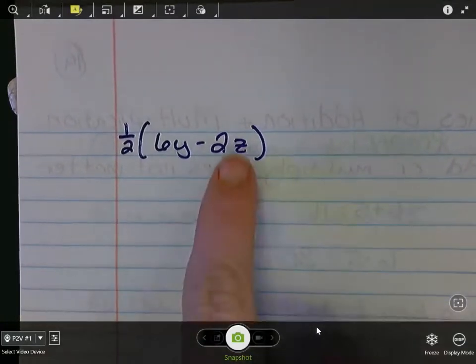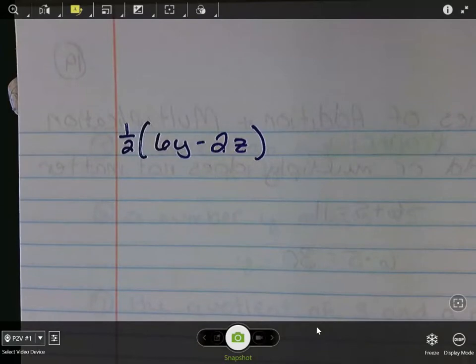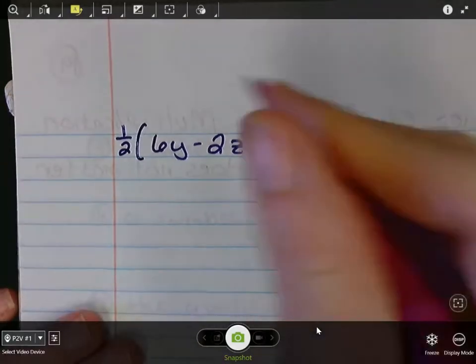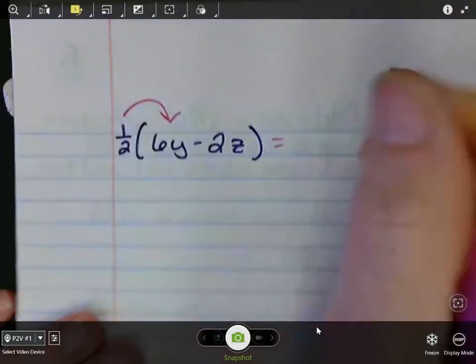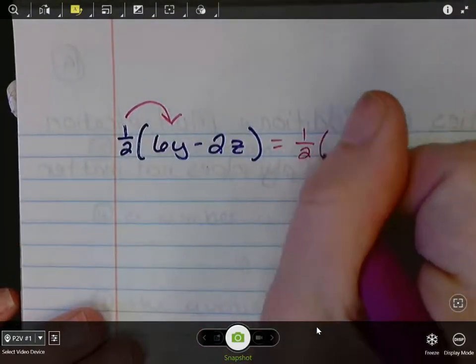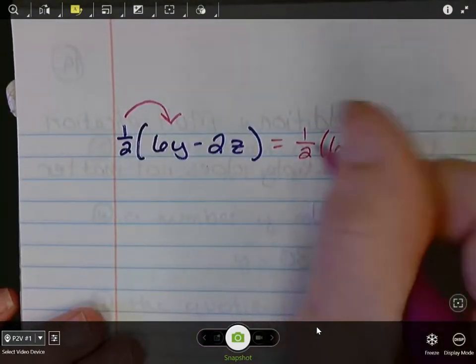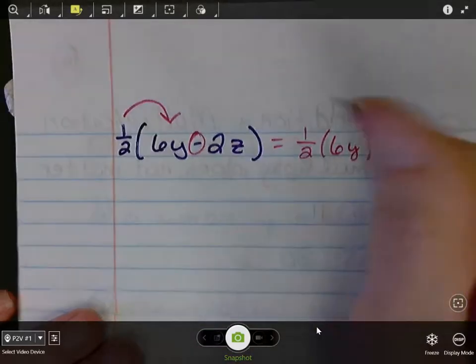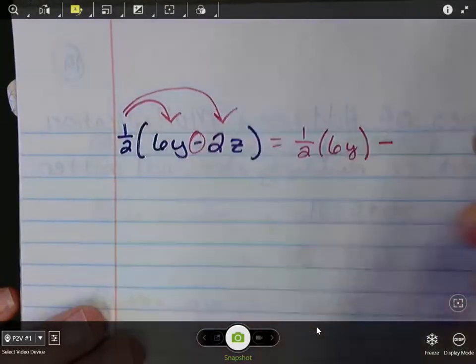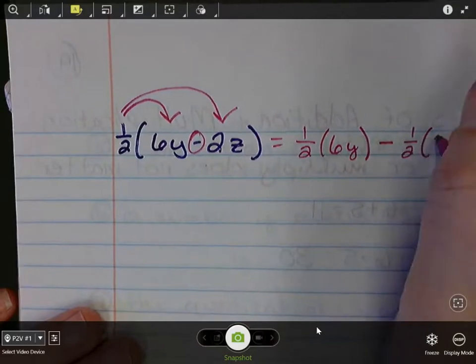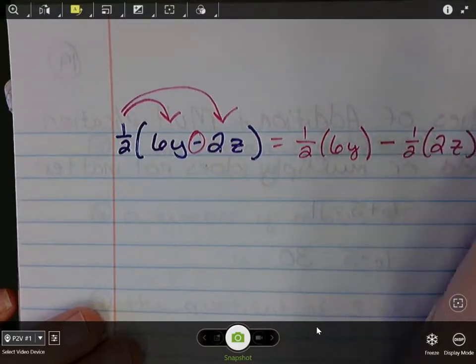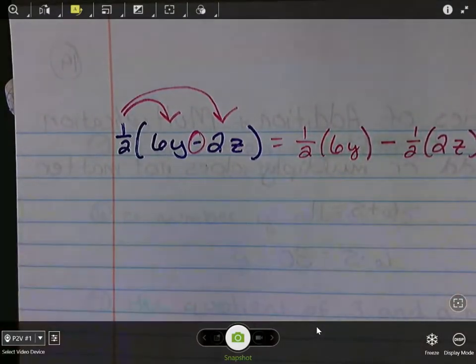So that's why I have the line in the Z. All right, so we do 1/2 times 6y first, minus 1/2 times 2z. And now we multiply those out.